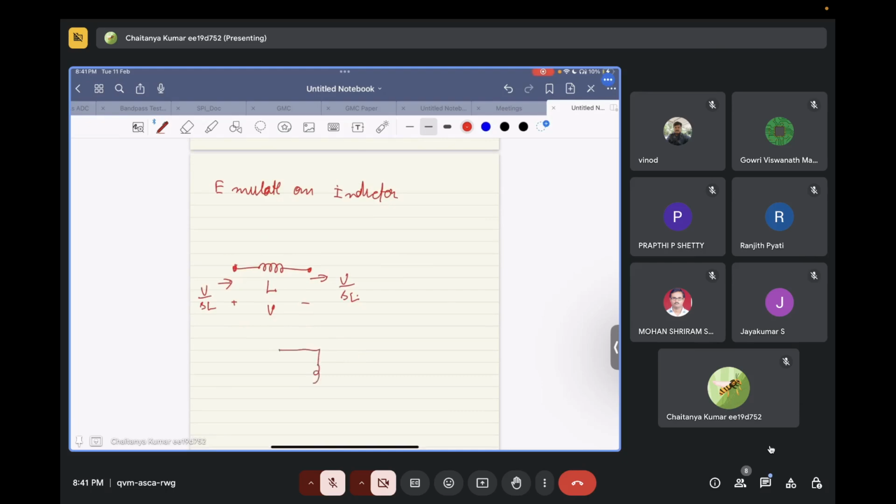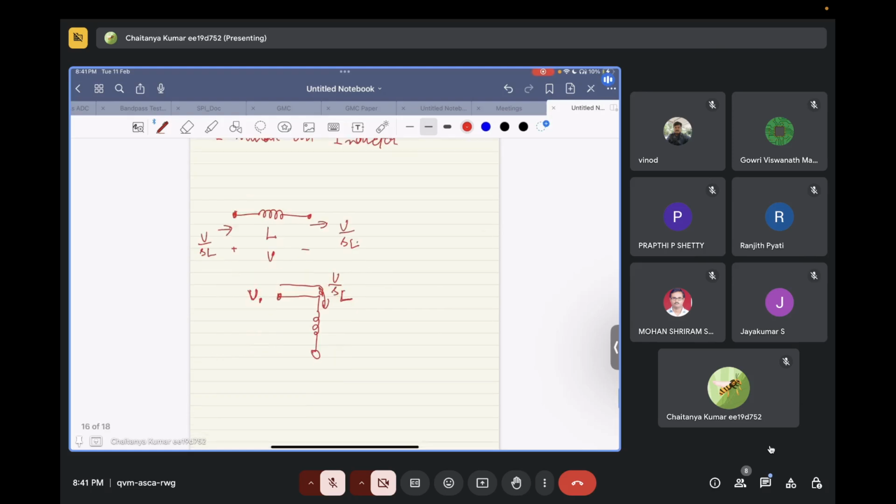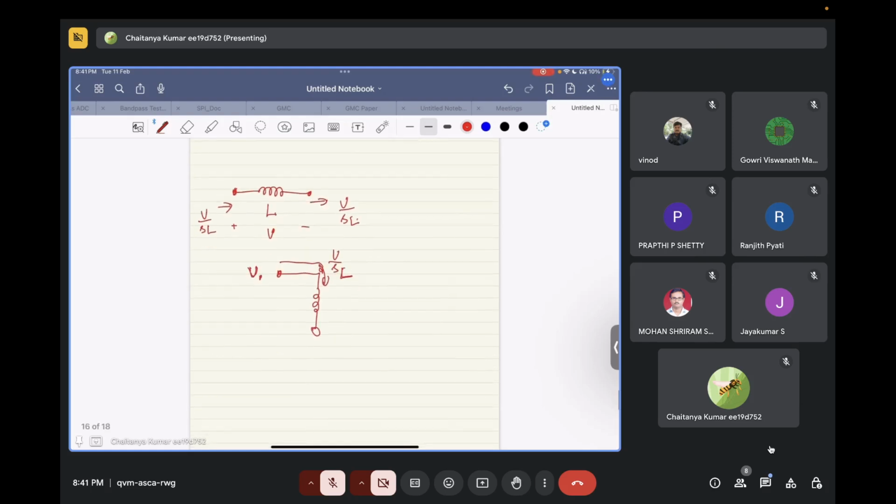If the inductor was grounded and you apply V on one side, what current will you get? V by SL, right? So we will see if this is possible using a simple circuit.